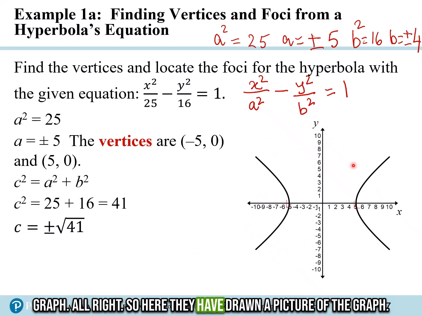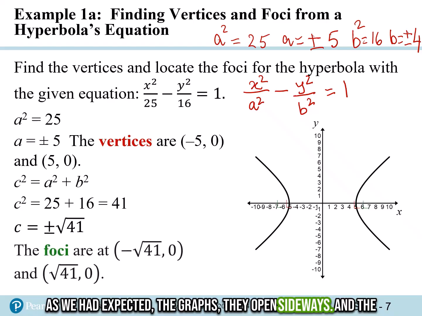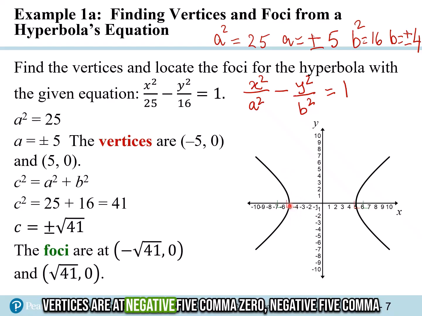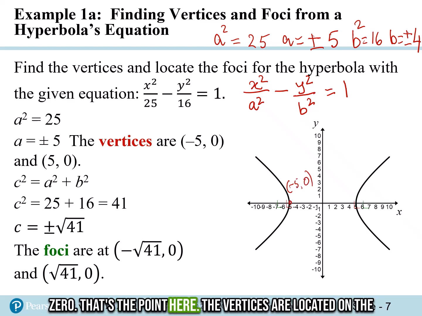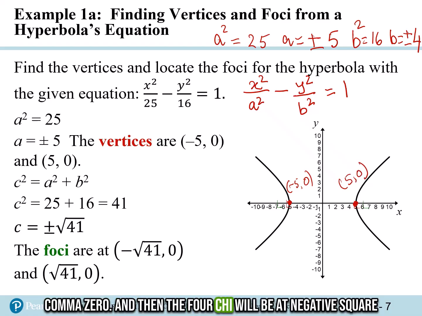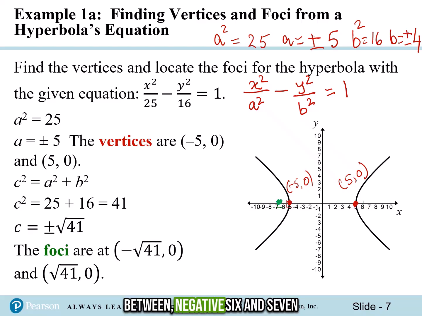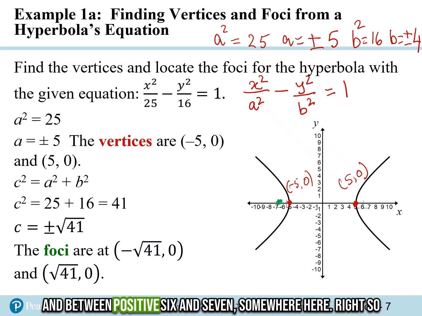So here they have drawn a picture of the graph as we had expected. The graphs open sideways and the vertices are at negative 5, 0 and positive 5, 0. The vertices are located on the graph, and then the foci will be at negative square root of 41, 0 and positive square root of 41, 0, which will be somewhere between 6 and 7 on either side, right?